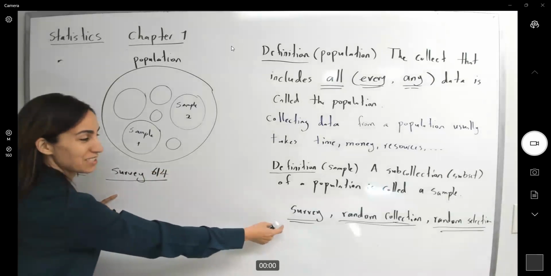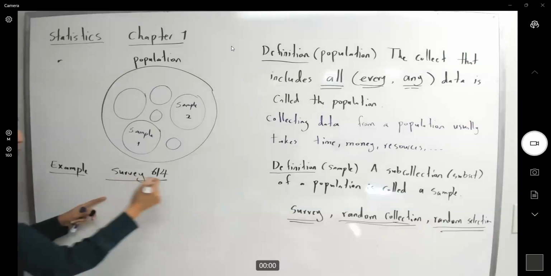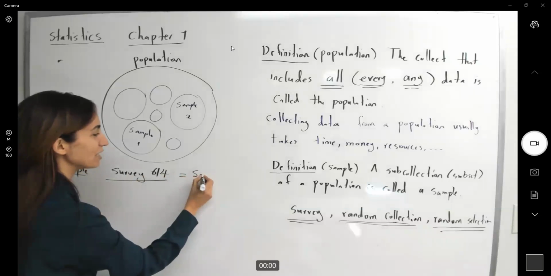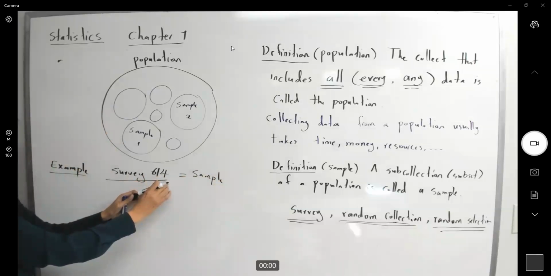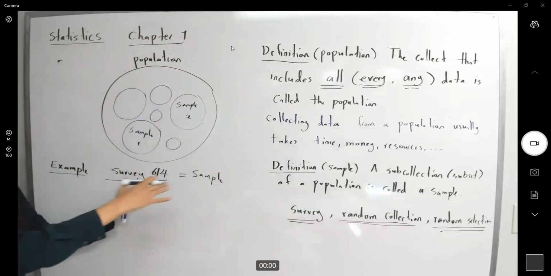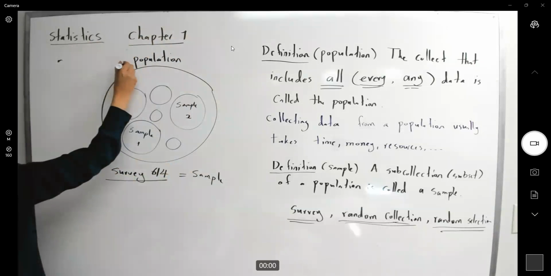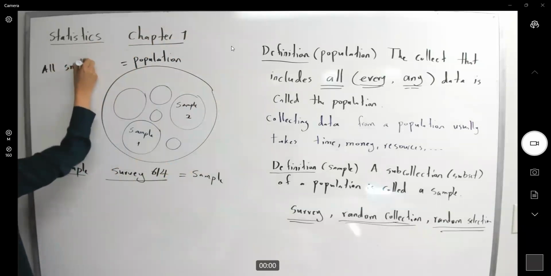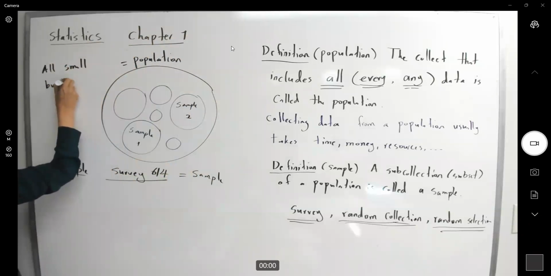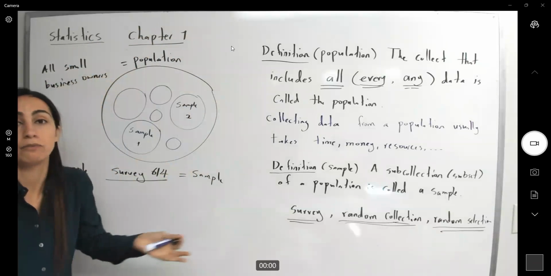Keyword, survey, is sample. So you have a sample of 614 small business owners in the United States. The population is all small business owners. How many? I have no idea.